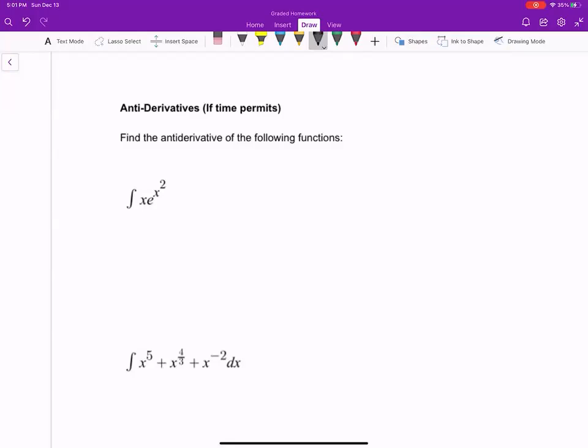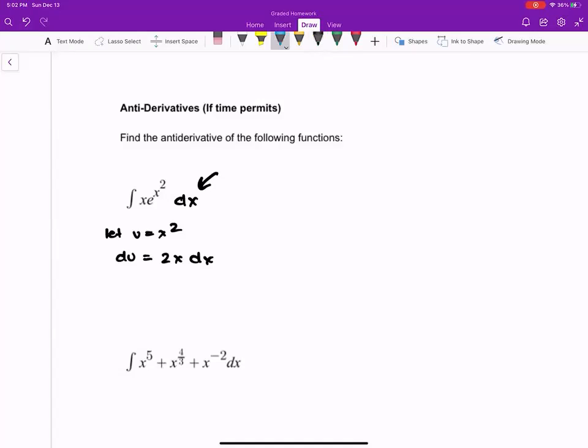So let U equal x squared. Now differentiate the left-hand side and the right-hand side, so let du equal 2x dx. Always make sure you include dx. You'll lose a mark, and that's a very dumb way to lose marks.